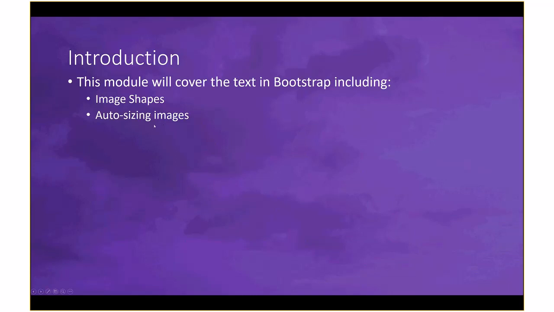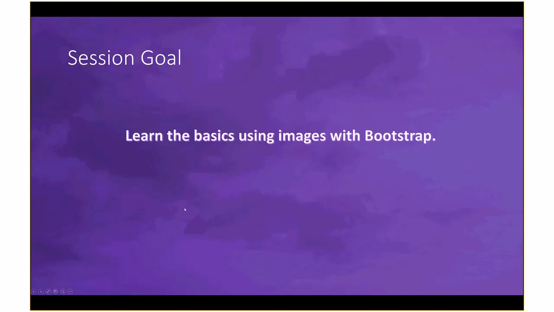And then two, you can help continue the theme of responsiveness, or automatically adjusting to the size and type of device that the web page is being viewed on, by applying that to images as well for some auto sizing kinds of things. So the goal of this session is to learn the basics of using images with Bootstrap.